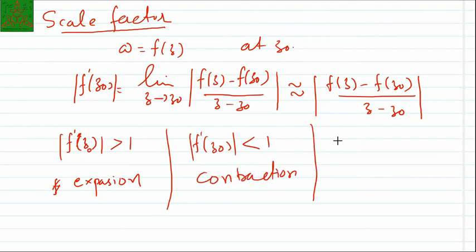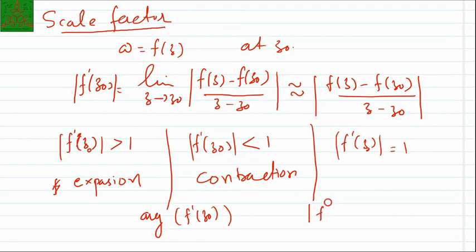If it is equal to 1, then there will be no change. The argument of f dash of z0 depends on how much rotation there is, and the factor, that is the modulus of f dash of z0, is known as the scaling factor or scale factor.